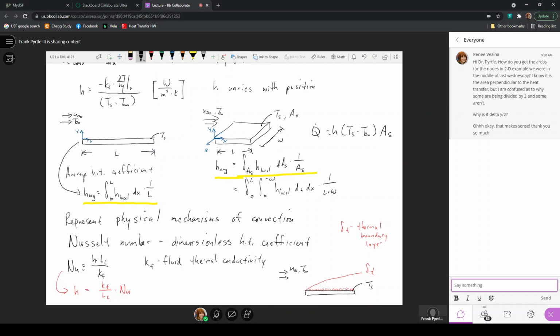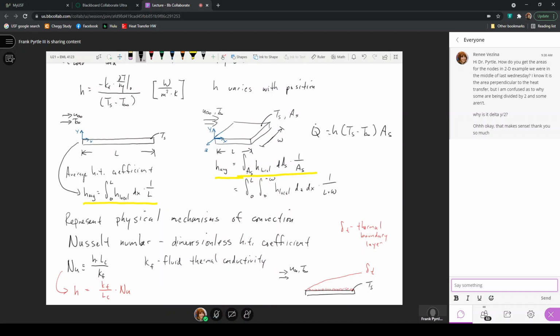Or in the case of, let's say, something like a flat plate, where the fluid temperature varied in the fluid. So let's say if the temperature of the fluid varies in the X direction and in the Y direction here, that would be a two-dimensional flow, because depending on what value of X and Y, as I move along the length of the plate, that would be a 2D flow.